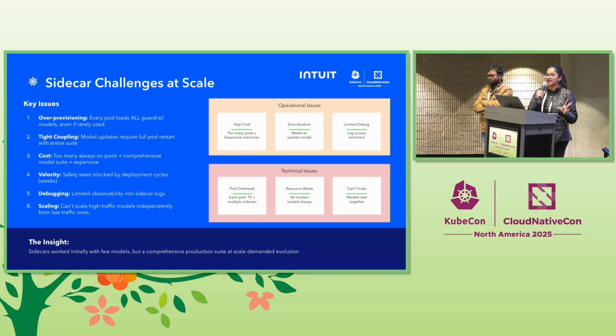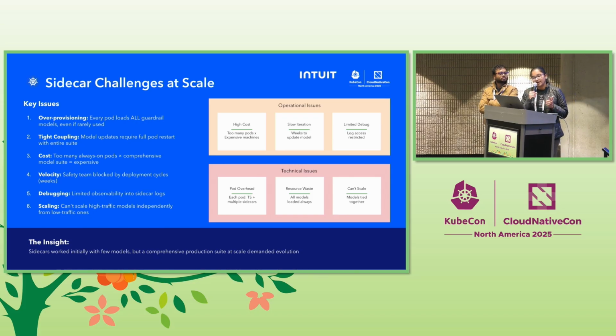So some of the key challenges here are when you use sidecar, you end up in a world of over-provisioning. So every pod, you would load all your models. And even if some of the models might not be used so heavily, some might be used so heavily. So over-provisioning is one of the key problems we had.